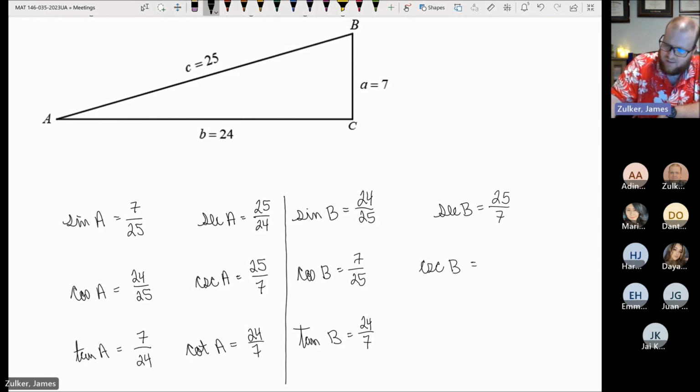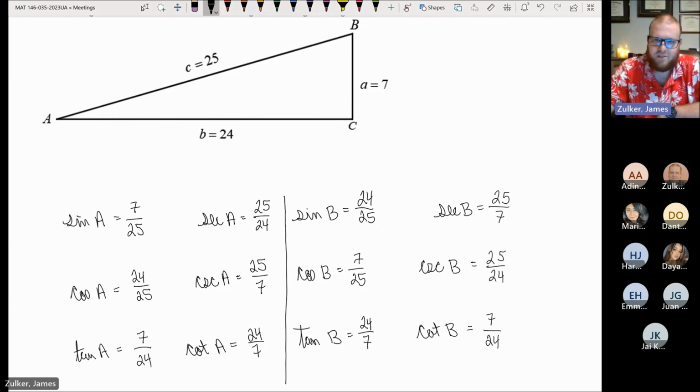Cosecant, hypotenuse over opposite. Cotangent, adjacent over opposite.